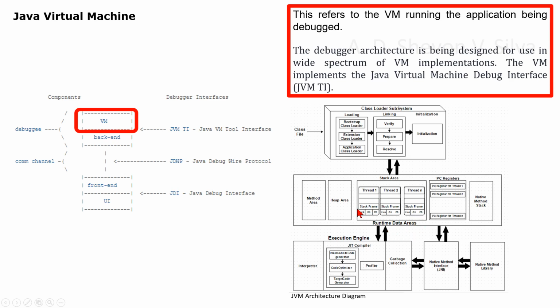Each thread has a stack frame: LVA, local variable array, operand stack and frame data. There are PC registers for each thread here, and runtime data areas are interacting with the execution engine.